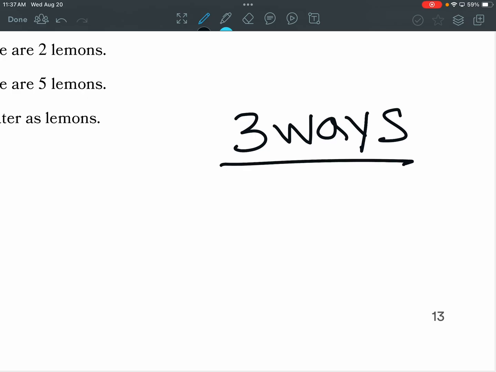Three ways to write a ratio. Write that down. If I write it, you write it. If I write Mrs. Hernandez is awesome, you write Mrs. Hernandez is awesome. Okay?